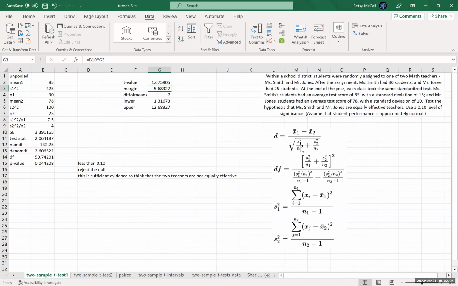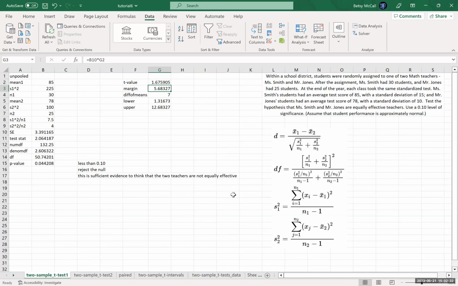You're still going to have to piece this denominator back together in order to get the standard error that you need. So it can circumvent a few things for you, but the data analysis toolpack isn't set up to do confidence intervals. It's set up to do hypothesis testing, and it doesn't output all of the components that you need in order to do the test.